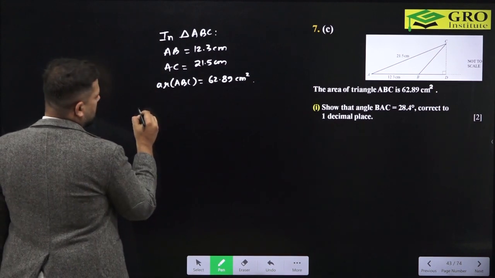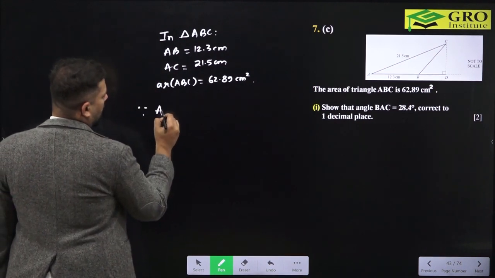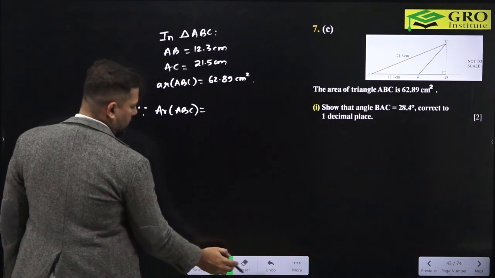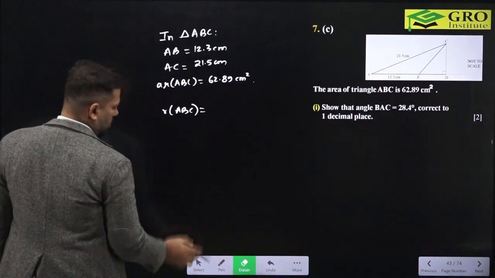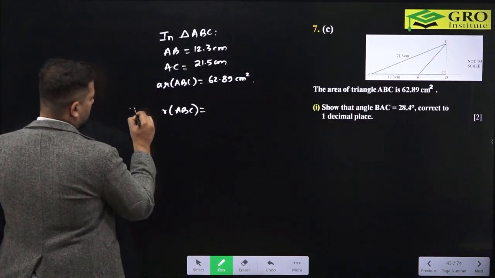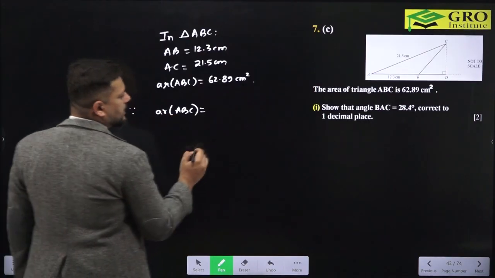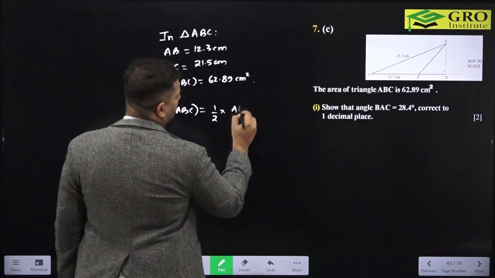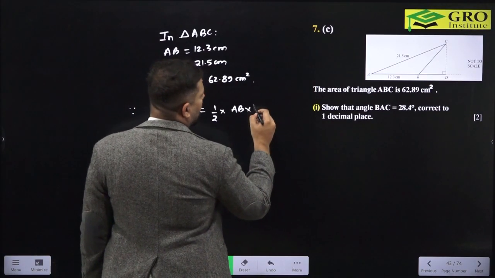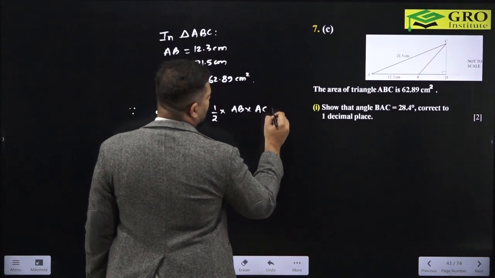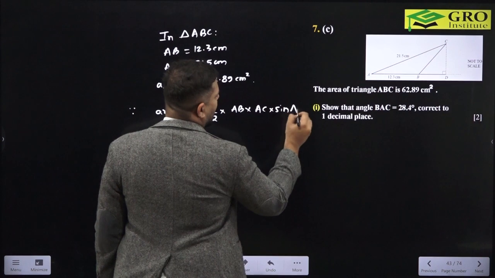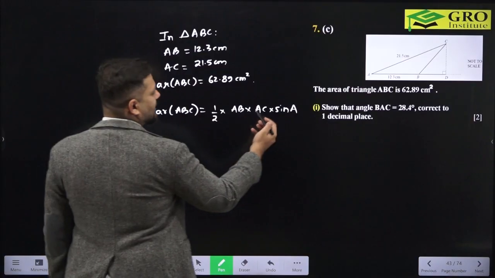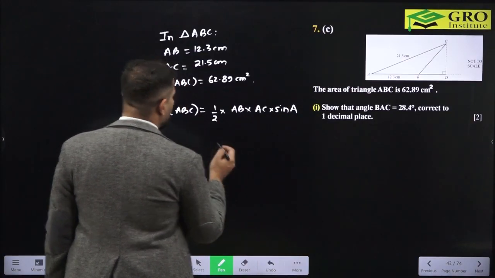Okay, since we know that area of triangle ABC could be found out by half multiplied with its base AB times, since height is not given, so we will take AC multiplied with sine of angle A. That will be treated as the height of this. So half times base times AC sine A will be equal to the area.